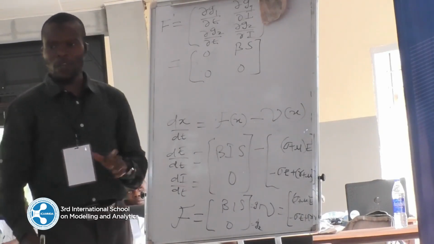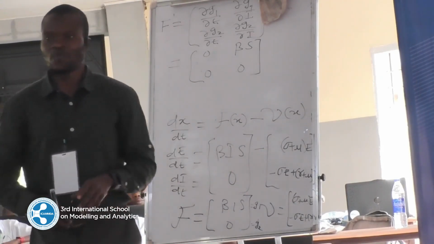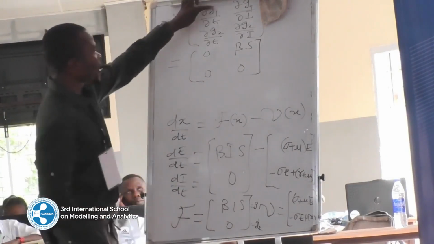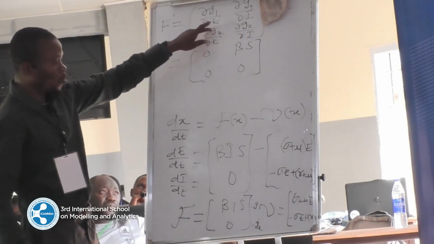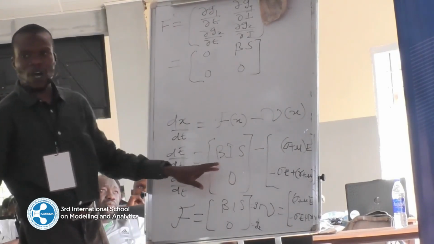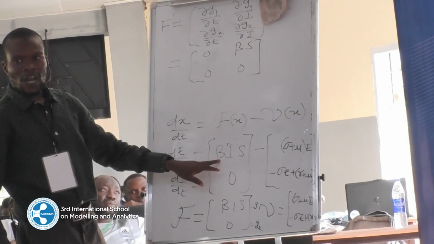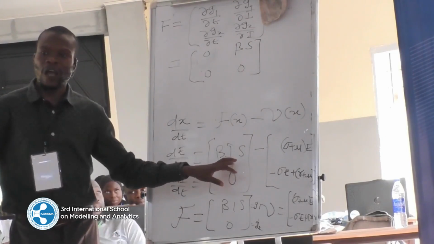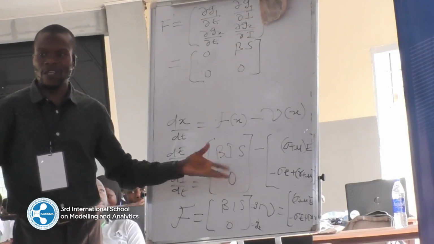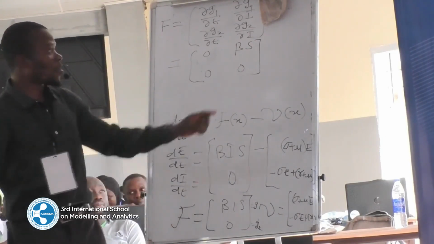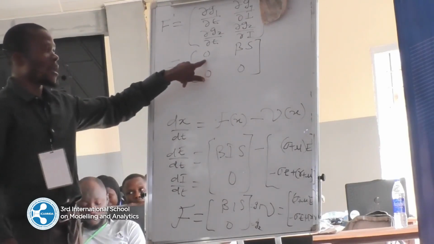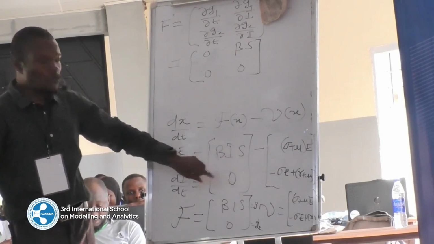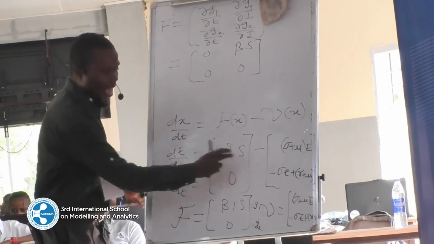And when we do that, we expect to get a 2 by 2 matrix. So the partial derivative of G1 with respect to E: in G1, we don't have E. And when you differentiate a function with a non-existing independent variable, it becomes 0. That's why we have 0 here. Then the derivative of this with respect to I, we keep beta and S constant.